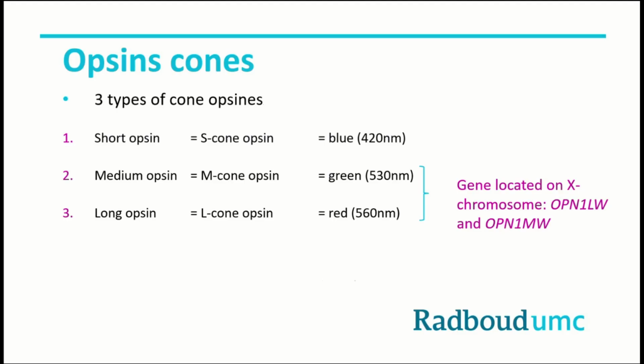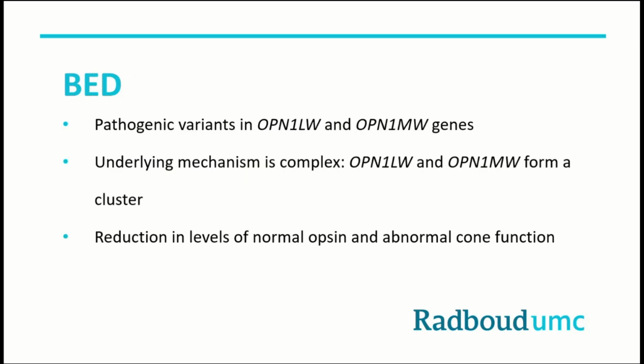The medium cone opsin and the long cone opsin proteins are generated from genes that are located on the X chromosome, so what we've just discussed. Pathogenic variants in these two genes are causative of Bornholm eye disease, also of BCM actually.